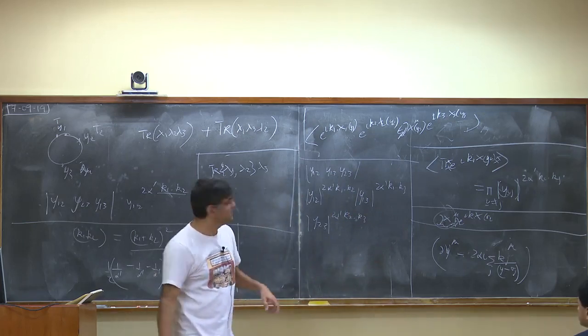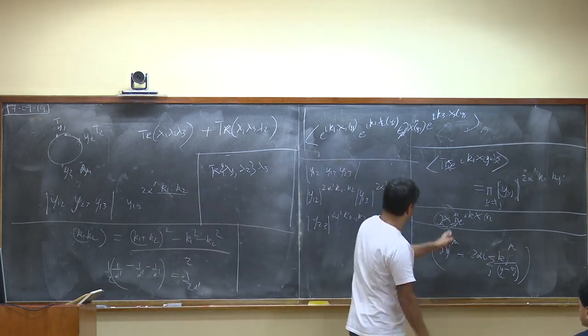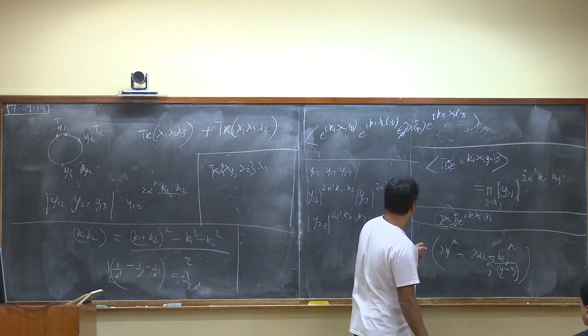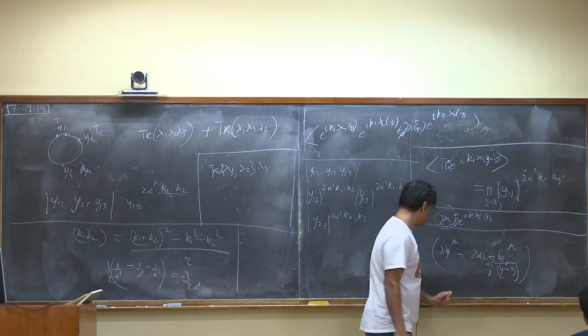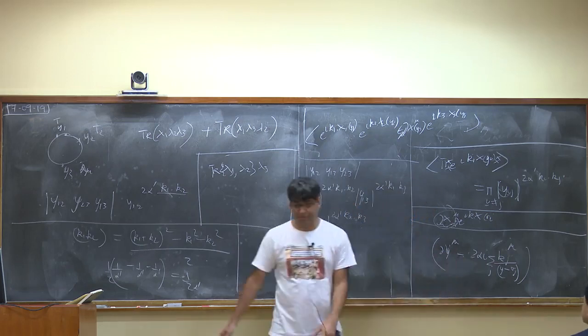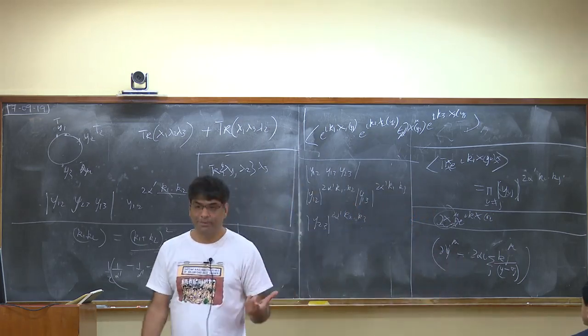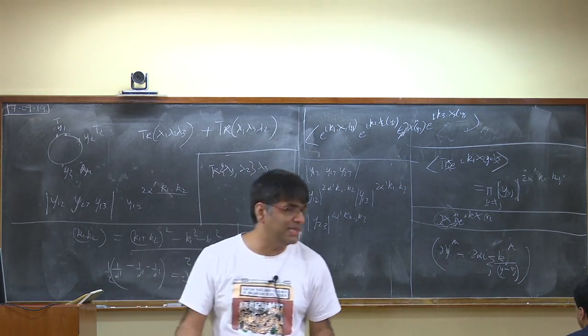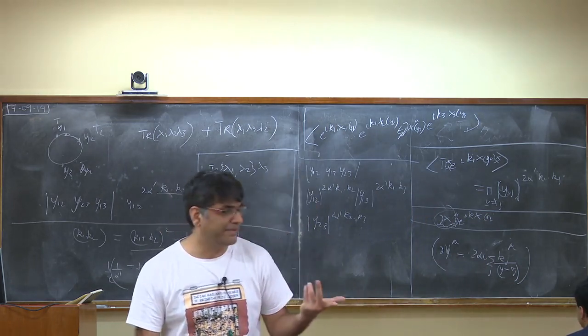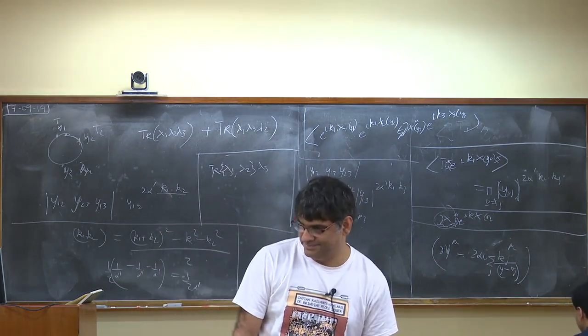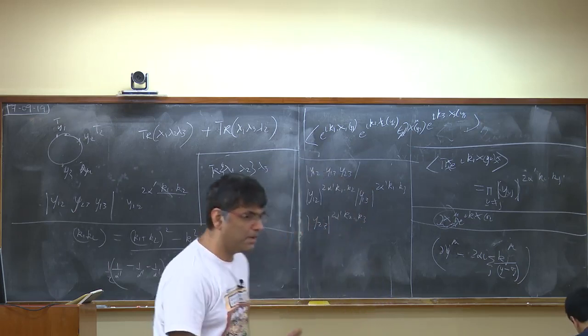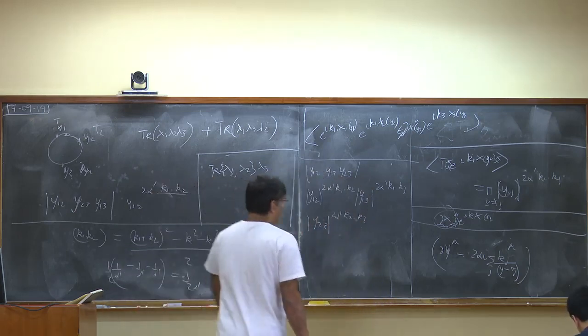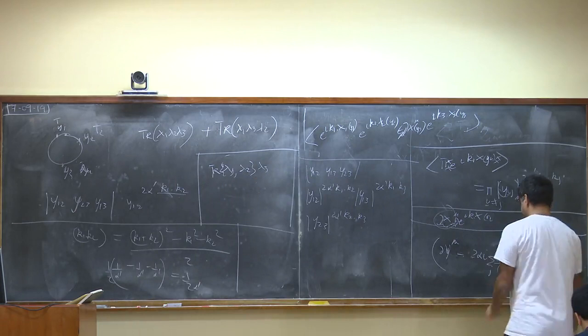But in addition we get what we would have got from this business. Now this doesn't contribute because that is a formal oscillator that has to Wick contract with something else, and there's only one object, so there's nothing for it to Wick contract with. So all that you get is from here.